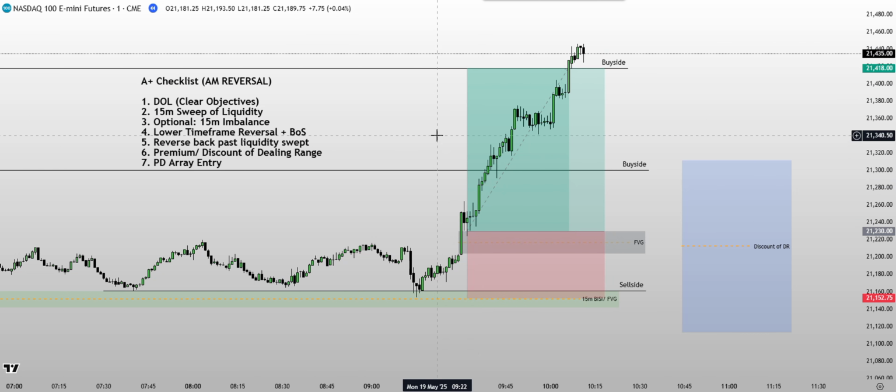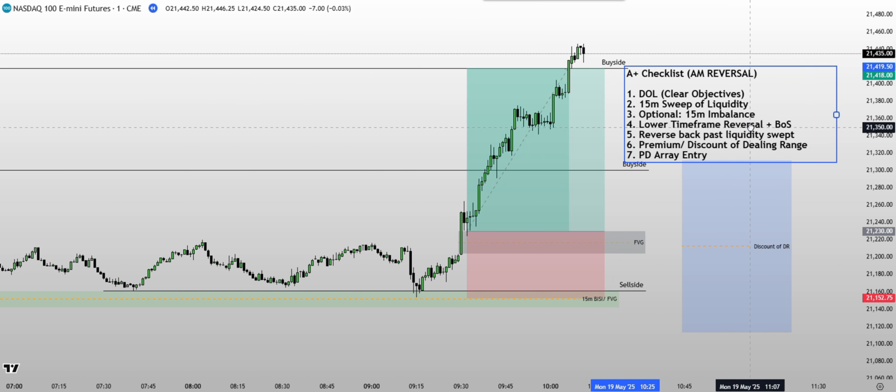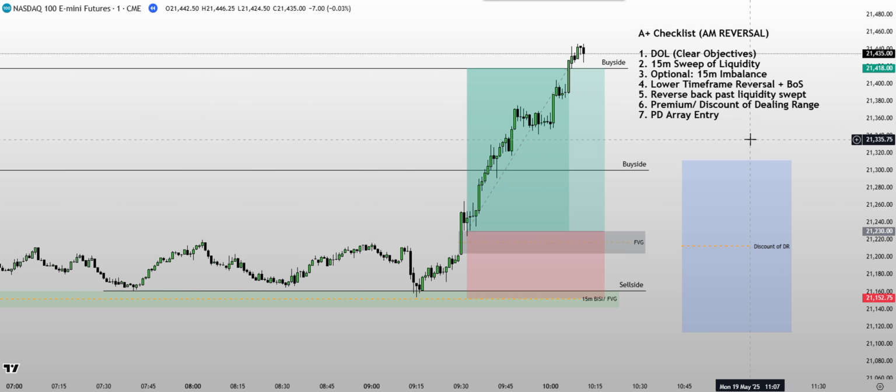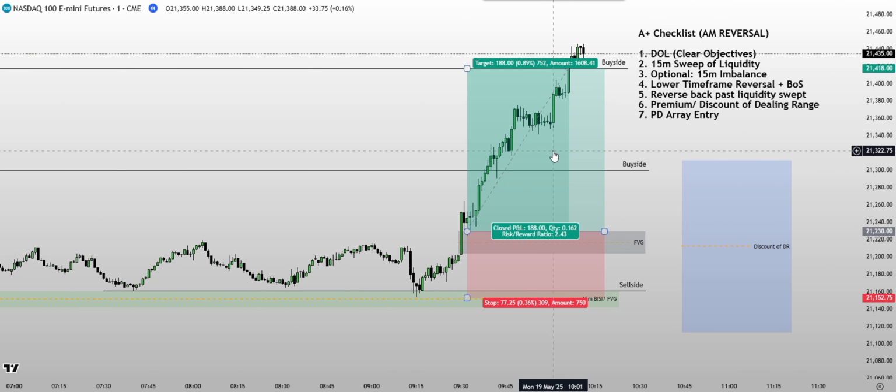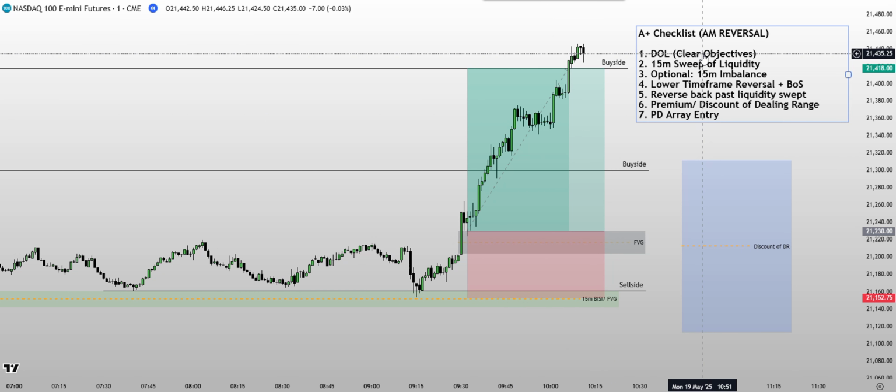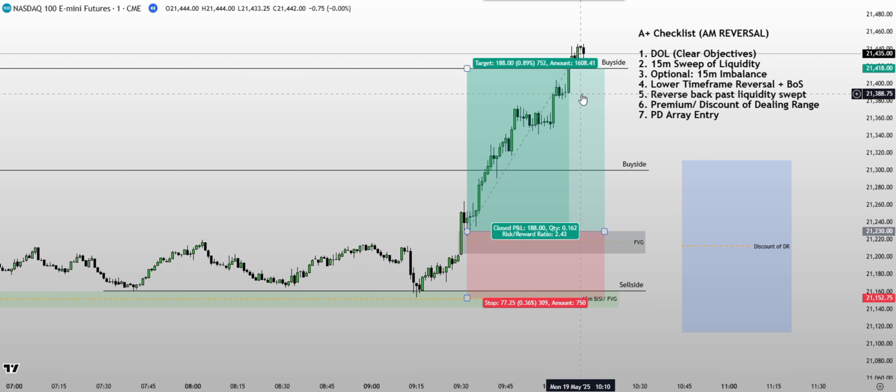And there we go. So when there are clear objectives, price will clearly gravitate towards the draws. Following this A+ checklist, everything is met. And so you have a very nice 2.43 to 1 R, 188 point move caught using this AM reversal model, following this A+ checklist, all in the AM session.